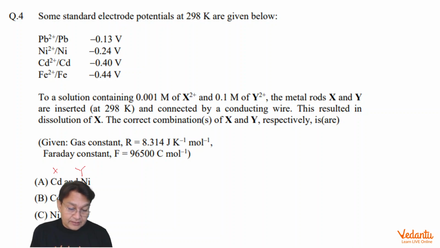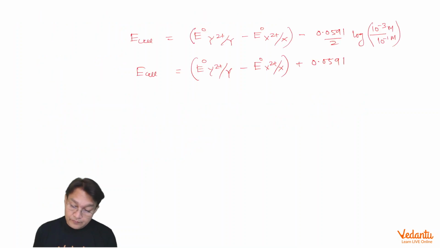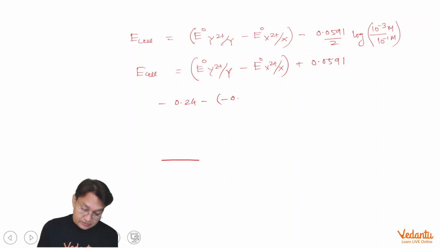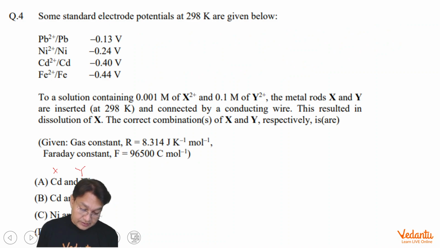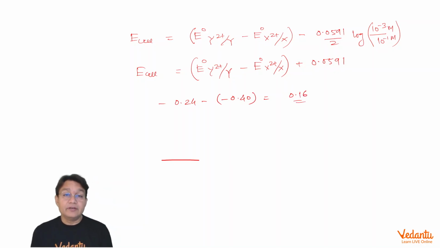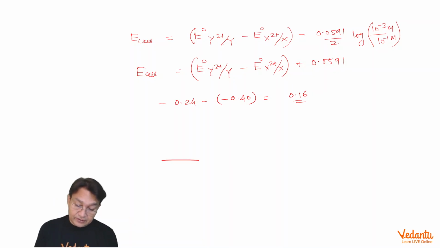E naught of nickel is -0.24 and E naught of cadmium is -0.40. So that is coming out to be 0.16, and this is positive. If this is positive, that means this reaction is feasible.